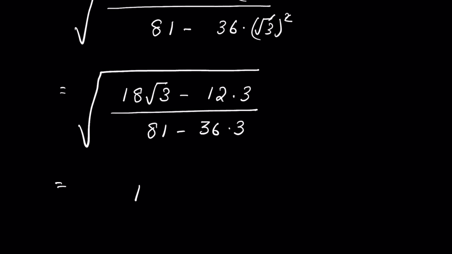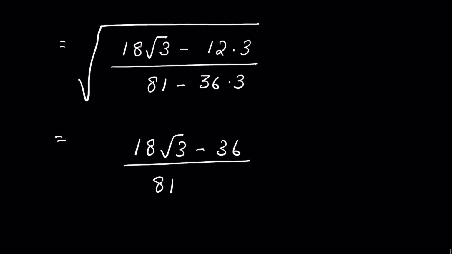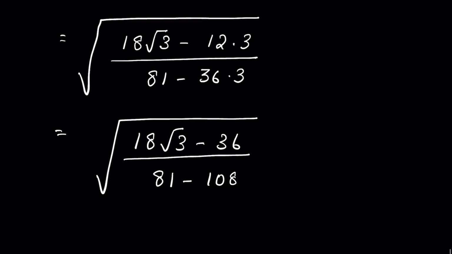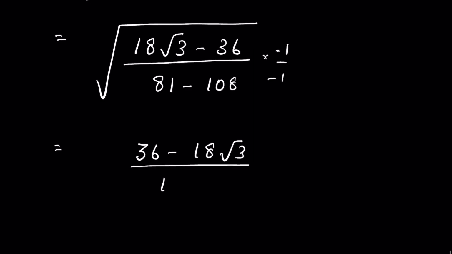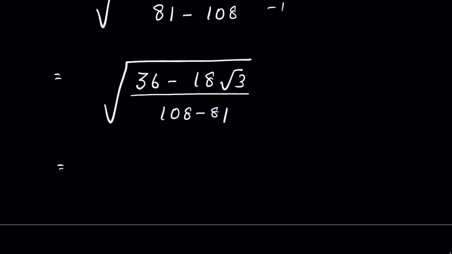So this is 18 times square root of 3 minus 36 upon 81 minus 108, under square root, or multiply both the numerator and denominator by minus 1. So it becomes 36 minus 18 times square root of 3 upon 108 minus 81, under square root, or we take 3 common here.